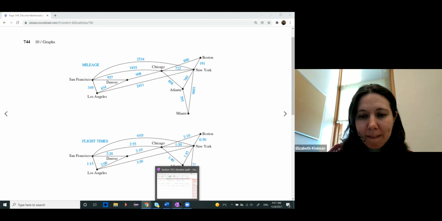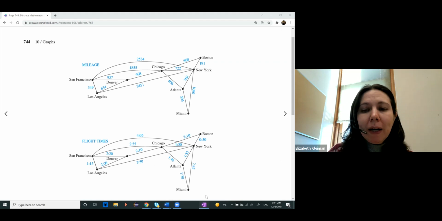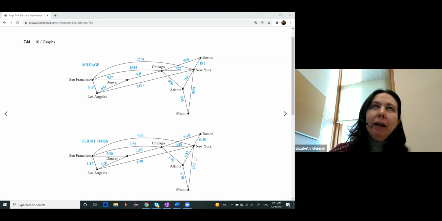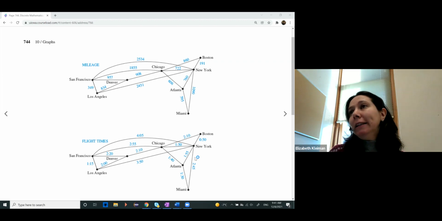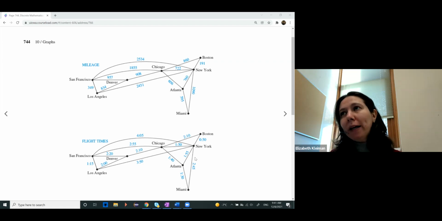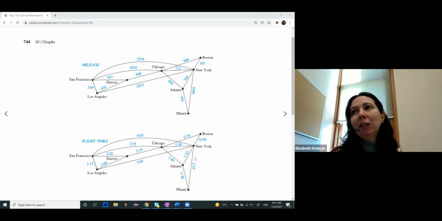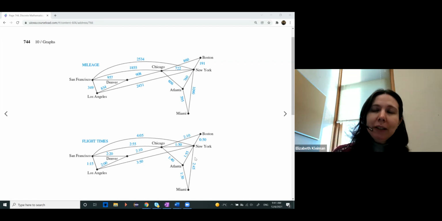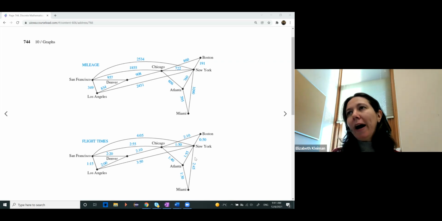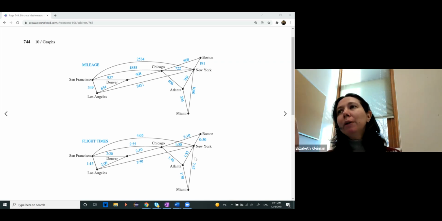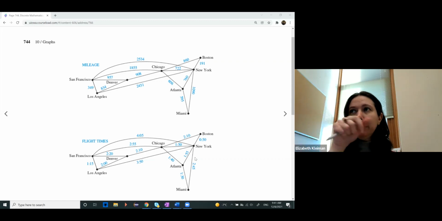So now, the weighted path problem can be defined differently. Sometimes if I have a traditional graph with no weights on it, I can ask what is the shortest path from point A to point B. And shortest there is going to be the number of edges. So I'm going to say each edge is 1, correct?